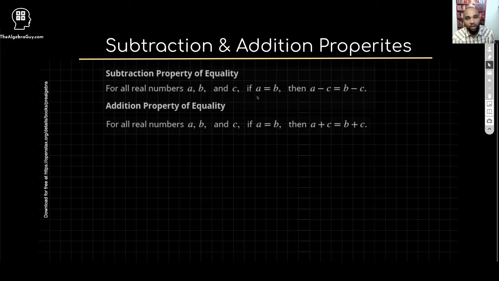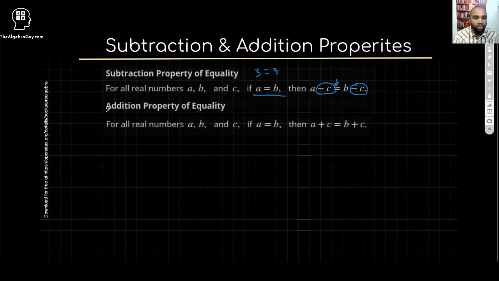Just a reminder here, we've already covered these before, but I'll briefly remind you of the property of equality rules for subtraction, addition, and multiplying and dividing. So for subtraction and addition, it's really simple. Given A equals B, let's say 3 equals 3, the subtraction property says that if you subtract the same number on both sides, these are still going to be equal.